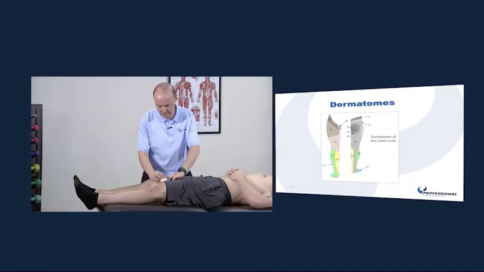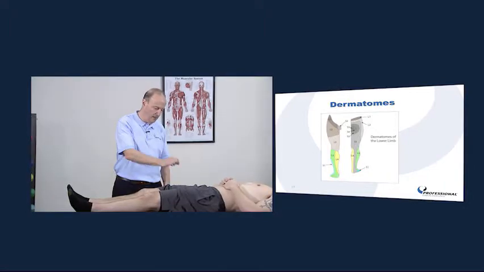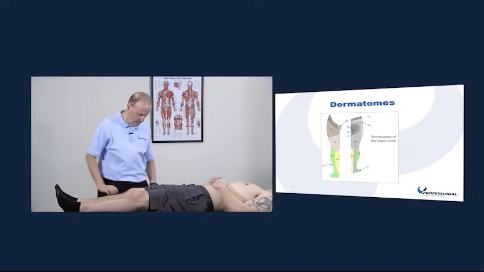Same or different? L4, there you go. L5, we'll have the sock off, but it can be between the web space. And S1, we can go on the outside. Same or different. If you're not sure, one of the first things to go away when we lose sensation is vibration. If you have a vibration tool, you can actually put a tuning fork on. That's the first thing to go away when you lose sensation.